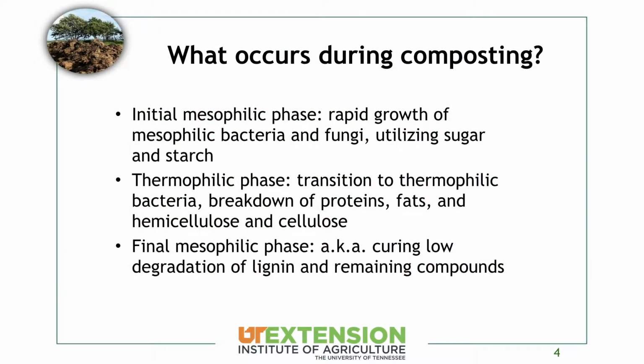Things that can grow here are bacteria, and also many fungi, yeasts, and molds, utilizing sugar and starch. The fungi can pretty easily break down starch into simple sugars for our bacteria to use later on.